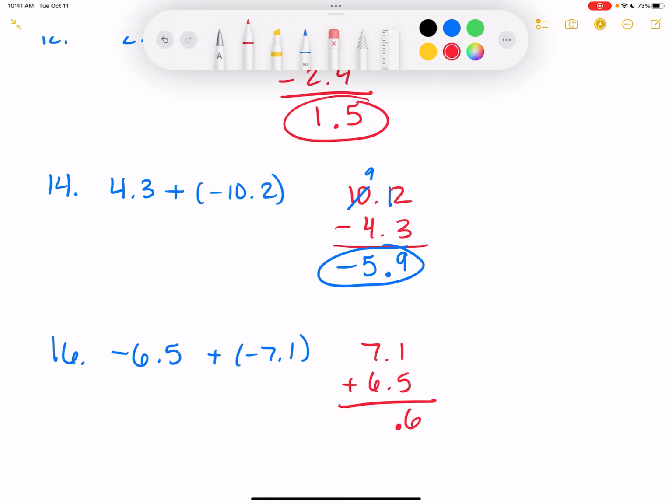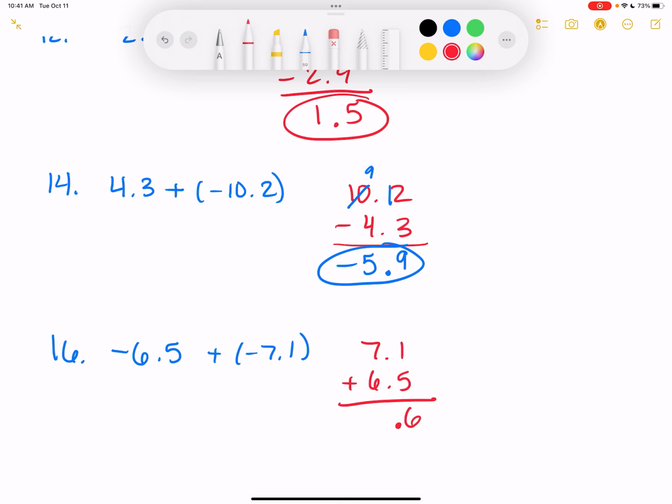Bring down our decimal. 7 plus 6 is 13. So I have 13.6, but we said both numbers were negative, so it's going to be negative. So our answer is negative 13.6.